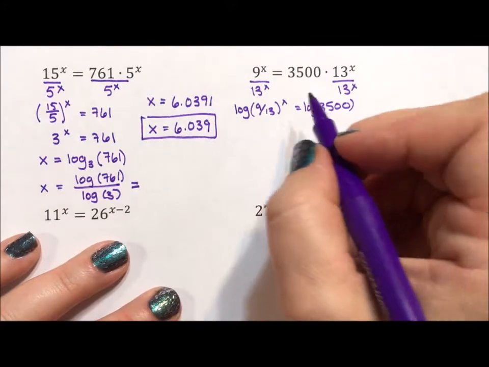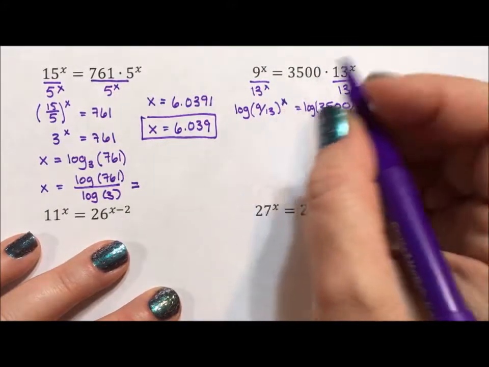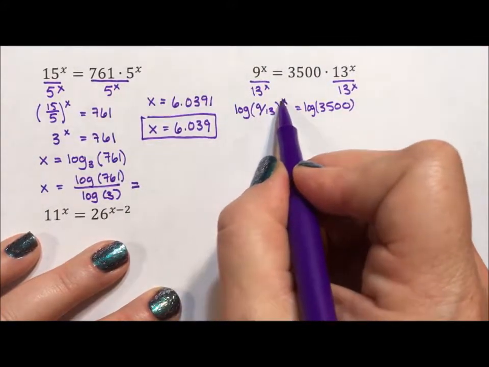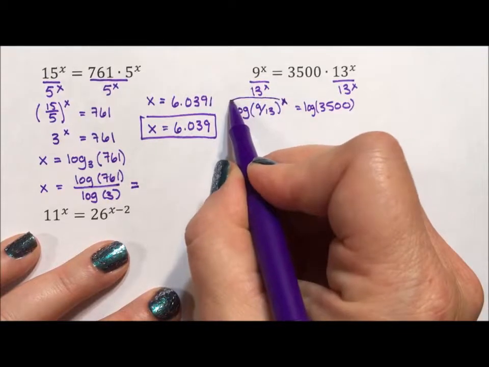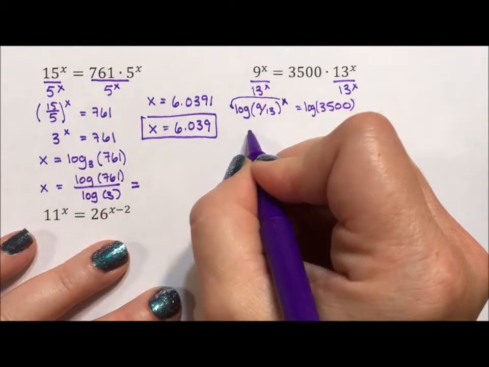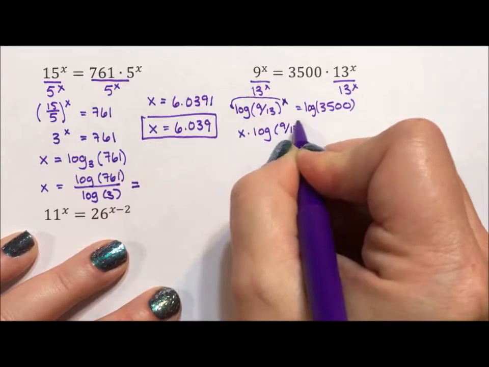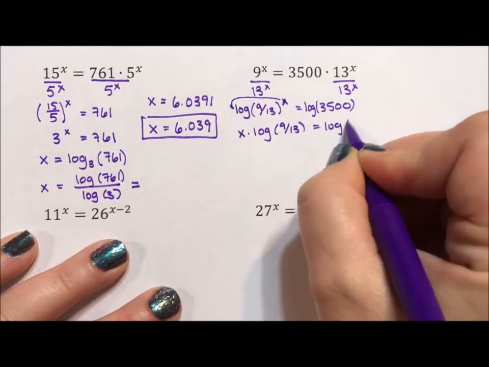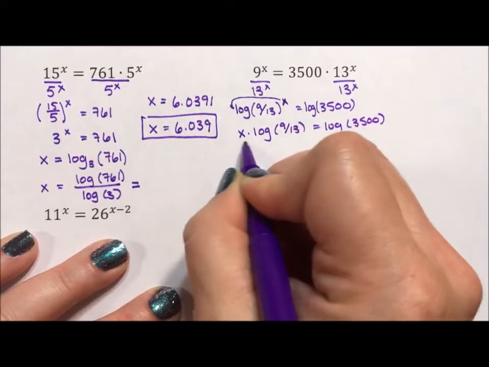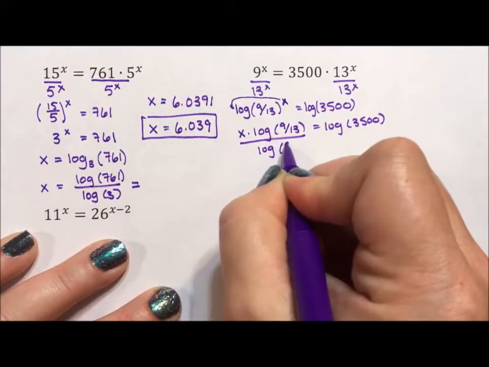The thing about logs is they're exponents, once again, and when a log's argument has an exponent, the exponent can be brought out front as a multiplier. So I can say x times log of 9/13 equals log of 3,500, and then I divide by log of 9/13.